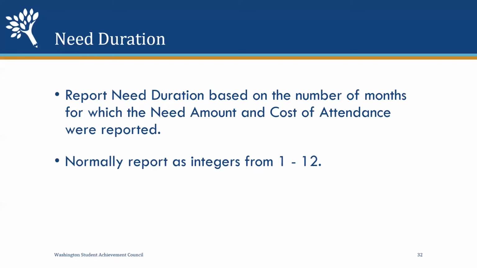However, if you do change one element and it's adjusted, then all the student budget components must be adjusted to match. We're looking for consistency in the same time period, and it gives us a better idea about what the true cost of attendance is and the need that student has. So try and be consistent with that.